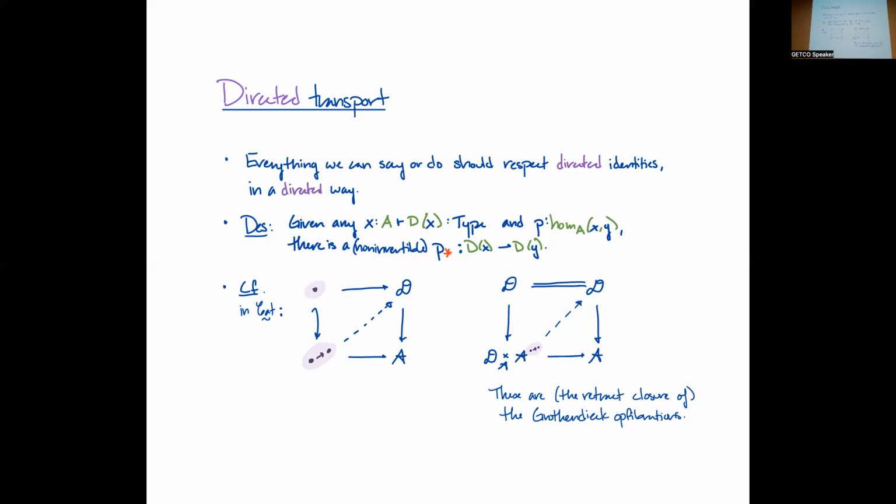We have a hom type now that's going to play the role of the directed identity type. So if we have a dependent type D and a path from x to y, then we want again to produce a function between the fibers D(x) and D(y), the fibers of the fibration, but of course we want this to be non-invertible.